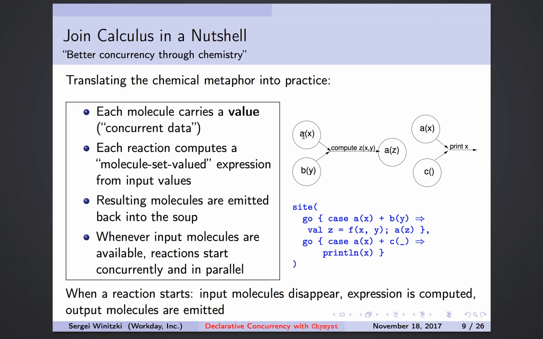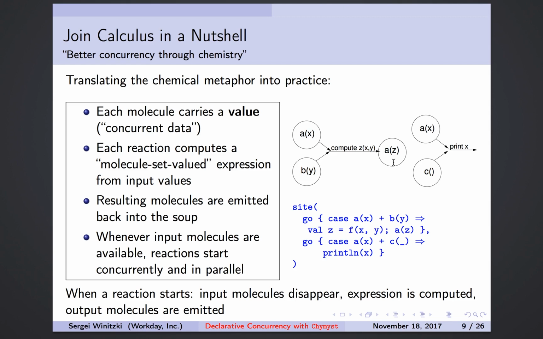Now imagine we made that change to the reactions shown in the previous slide. Means that we now have molecules A carrying value X, molecule B carrying value Y, and the reaction should emit molecule A carrying some value Z. So clearly the reaction needs to compute the Z, otherwise you cannot emit the molecule A, right?